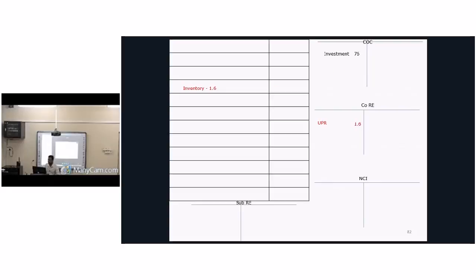Subsidiary's retained earnings debit URP on PPE 5,000, I'll do it in thousands, and credit to PPE 5,000, it's minus.